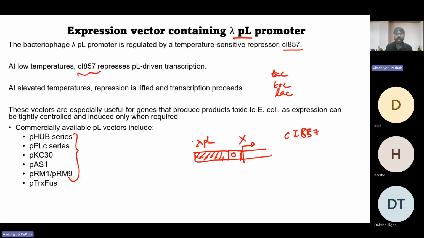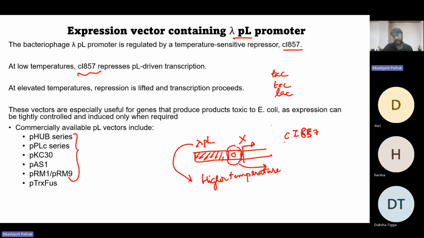Now once you take out the bacterial culture and incubate it at higher temperature, what will happen? This is a temperature inducible promoter. At higher temperature, the repressor CI857 gets removed, and your transcription can start.